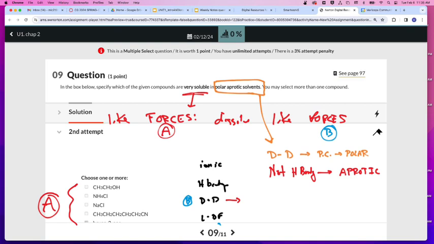Where do I get a dipole-dipole force from? A polar covalent bond. How do I know I have a polar covalent bond? Say that again.